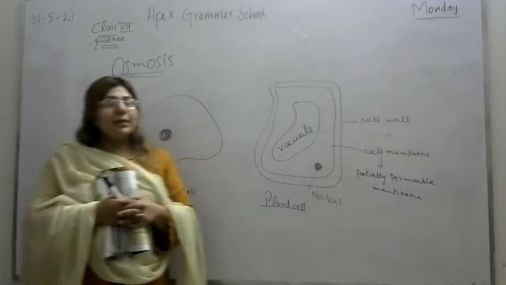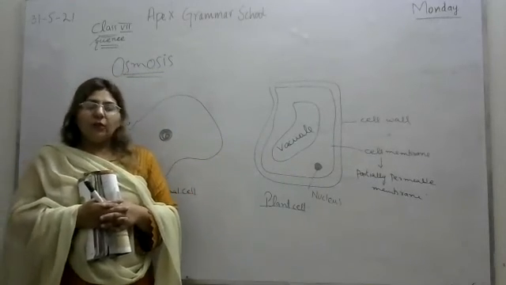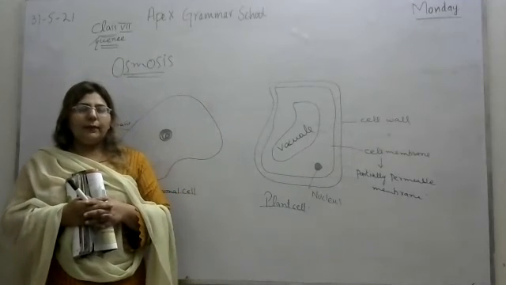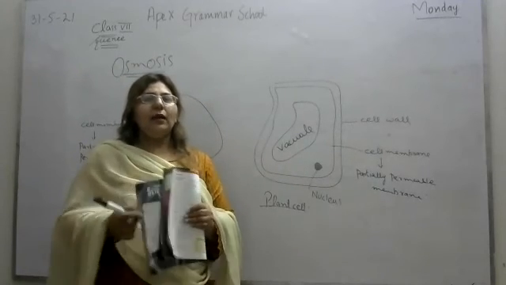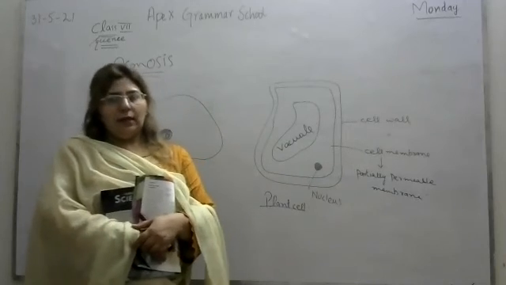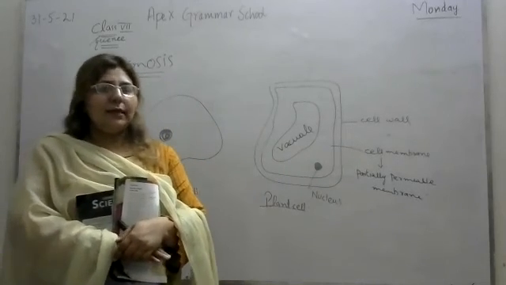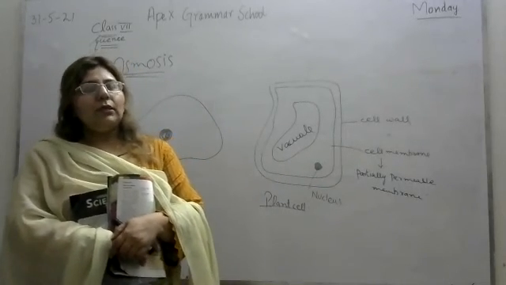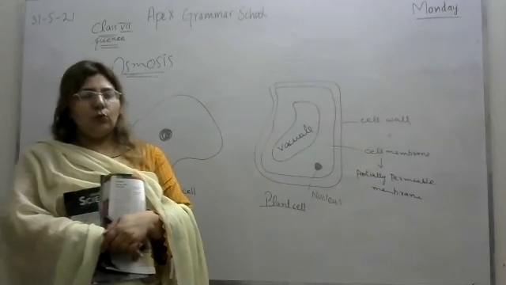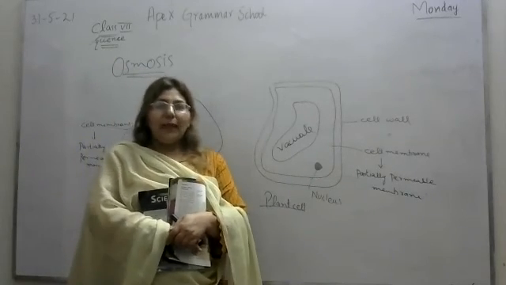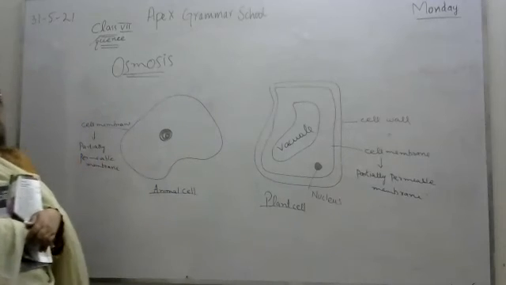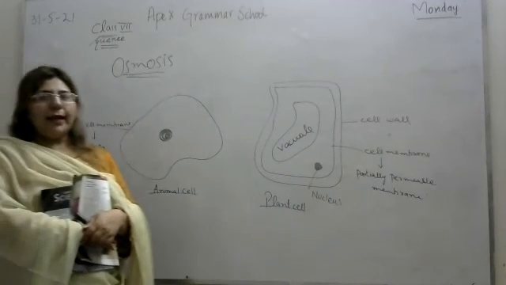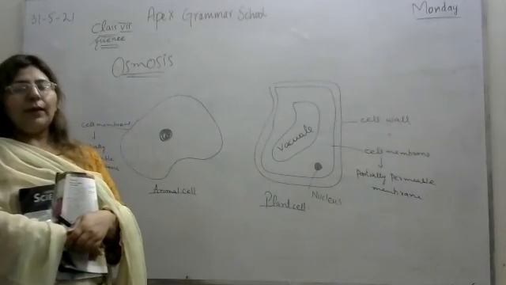So what actually happens in this process? We know that in the daytime the stomata are open. Why are they open? Because they allow gases in and out, because the sun shines in the daytime. But at night, these stomata remain closed. At night there is no sunlight, so photosynthesis cannot happen.